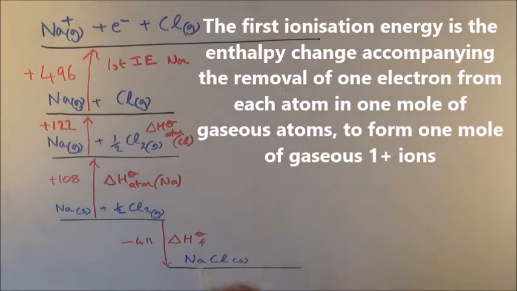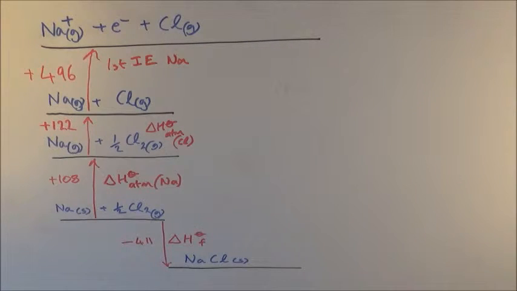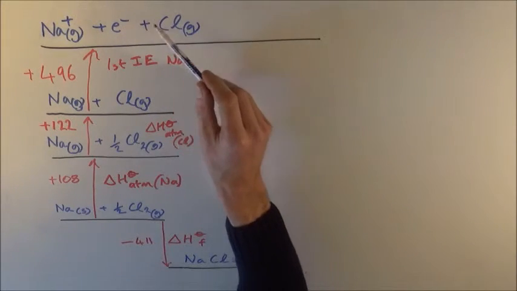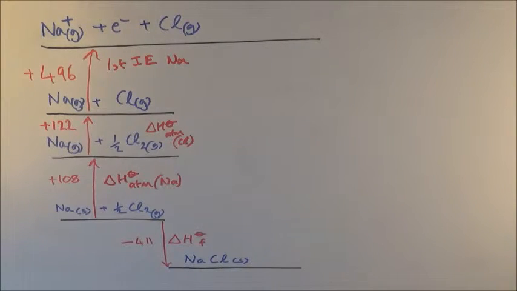So we've got our sodium ion that we need to make sodium chloride. We now need a chloride ion, and we get that by adding this electron to the chlorine. In this case, the reaction is exothermic, we're coming down.